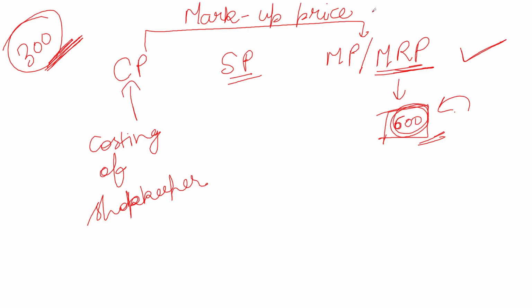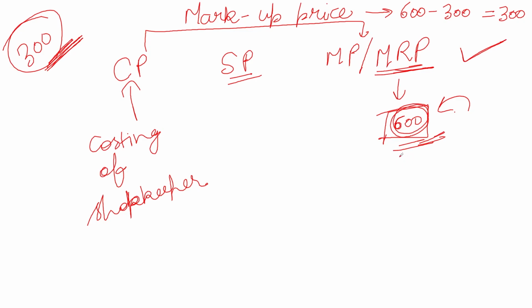So if I ask you what is the markup price of this very teddy bear, that will be 600 minus 300, that is 300. And if I ask you what is the markup percentage, you can see the markup percentage is 100%.